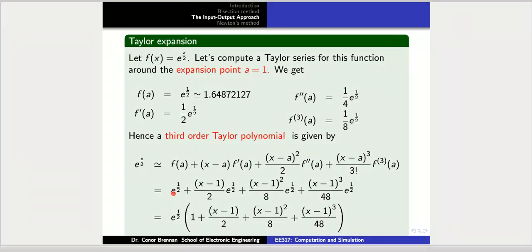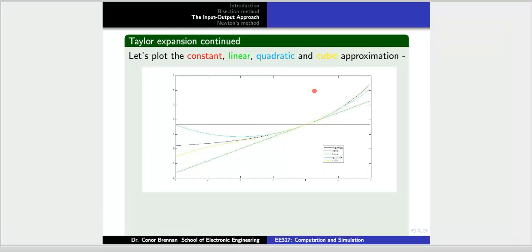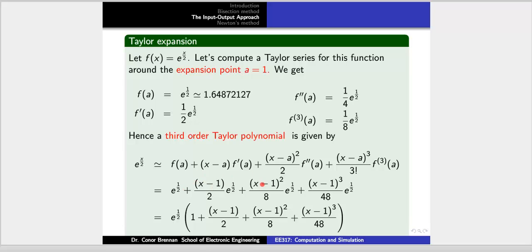And instead, if we retain all four terms, 1 plus 2 plus 3 plus 4, all of these terms taken together gives us a cubic polynomial, which is the yellow curve here. And we see the cubic polynomial tracks the function e to the x over 2 the best of all of them.